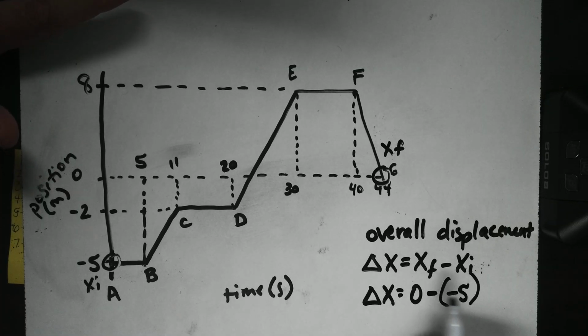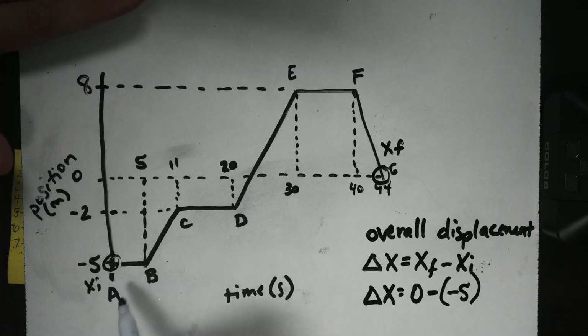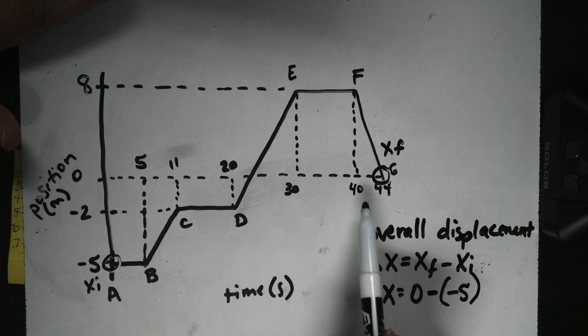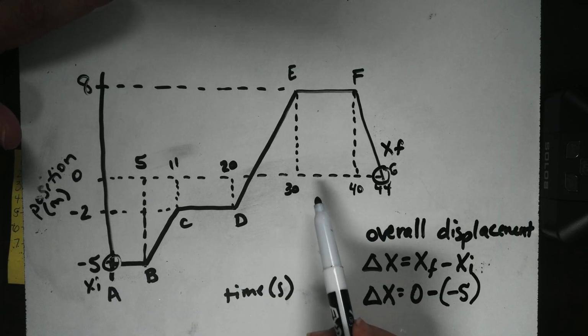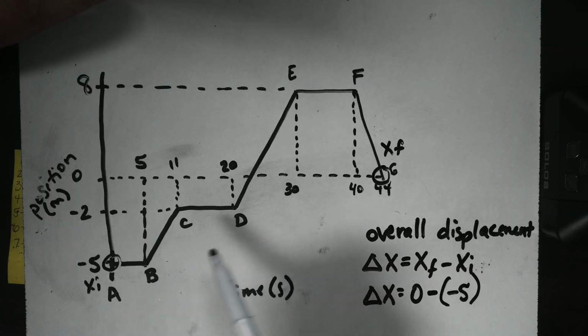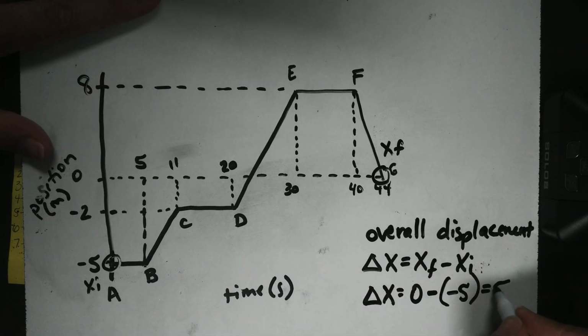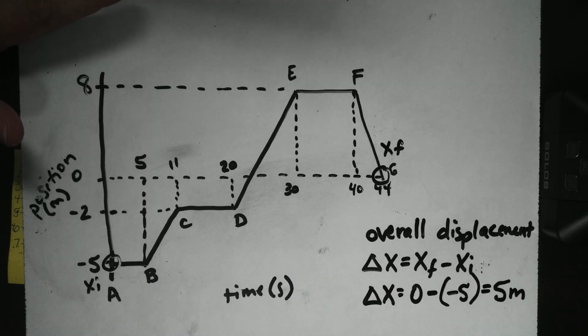Don't think that you only write that once, because it is a minus a negative. So in this case, your displacement is positive. That should make sense though. You started off at -5 and you ended at 0. You went up, so your displacement is positive. Your overall displacement ends up being positive 5 meters.